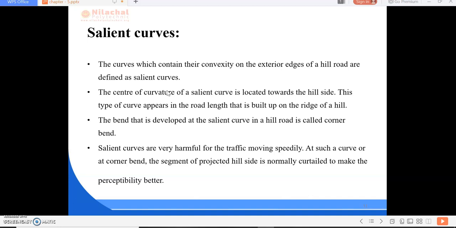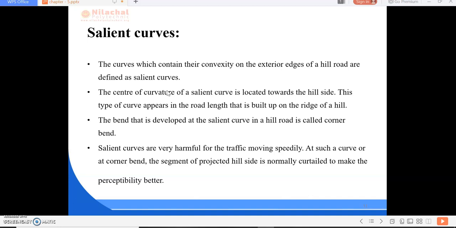So convexity on the exterior edges of a hill road is defined as a salient curve. The center of curvature of a salient curve is located towards the hillside. This type of curve appears in the road length that is built up on the ridge of a hill. The bend that is developed at the salient curve in a hill road is called a corner bend.